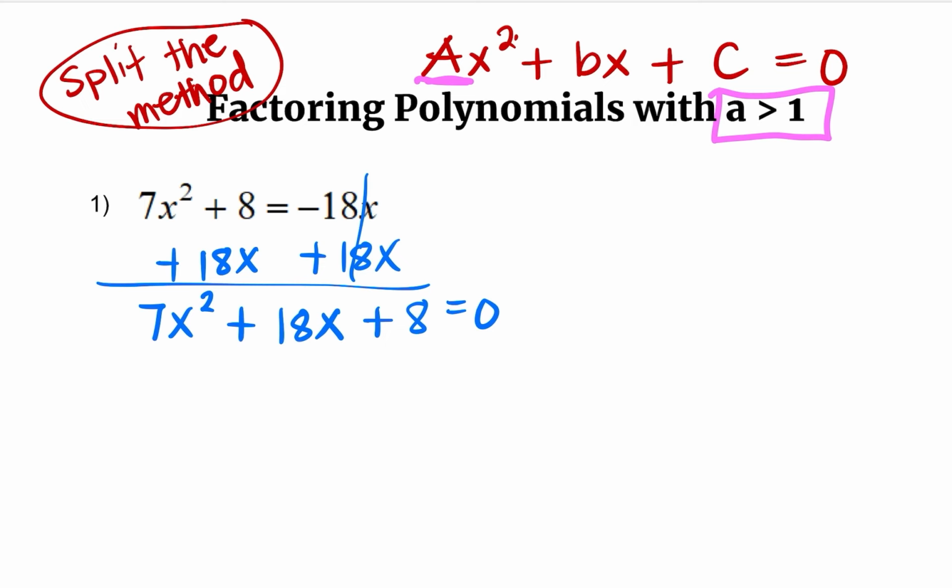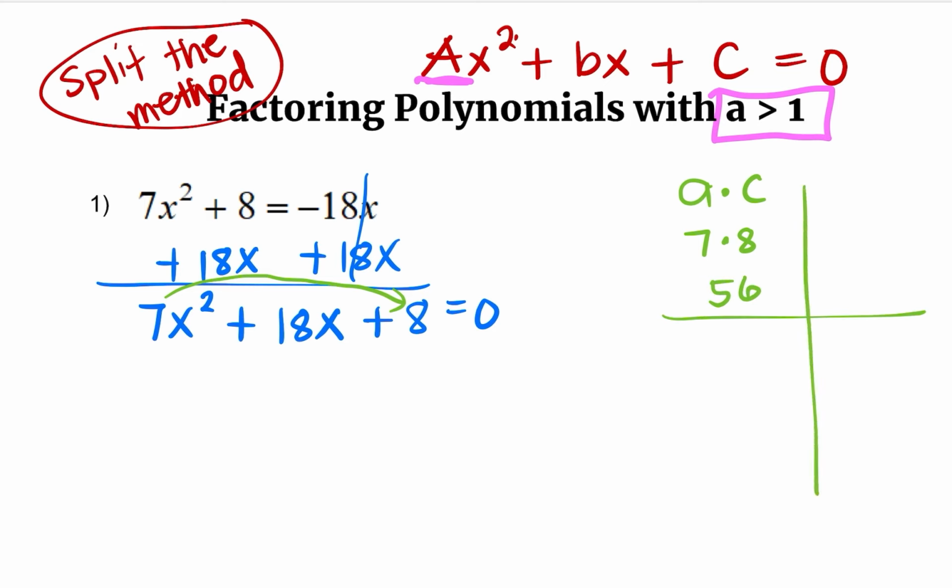The first step in splitting the middle is to multiply a and c. So a times c is 7 times 8, which is equal to 56. I am going to use the table. And then b is the middle term, positive 18.